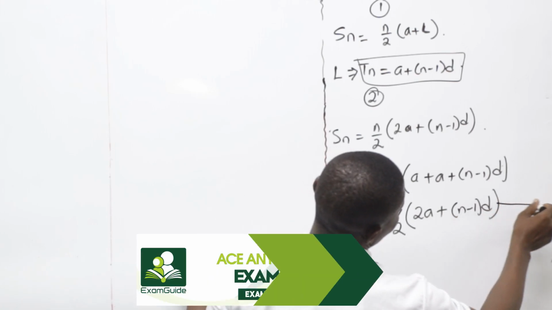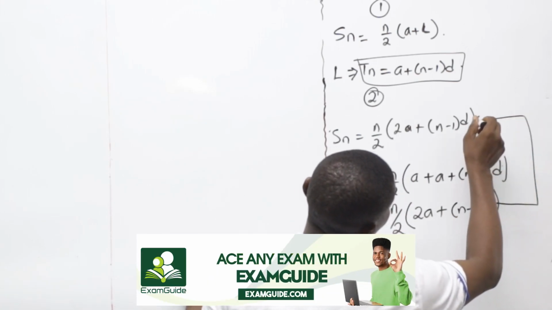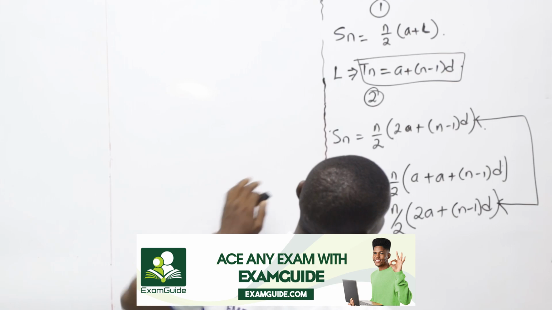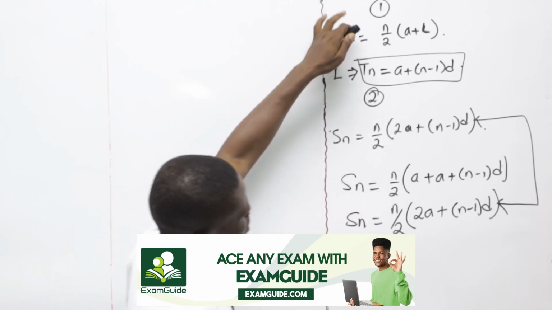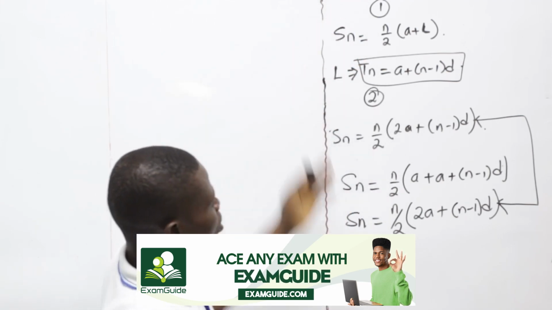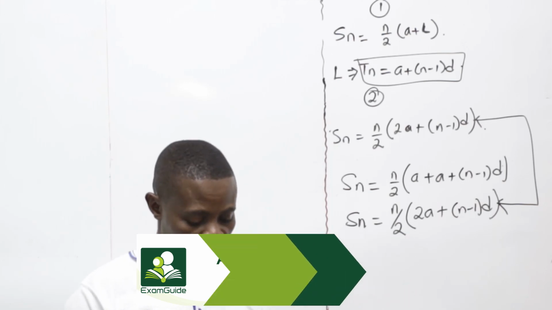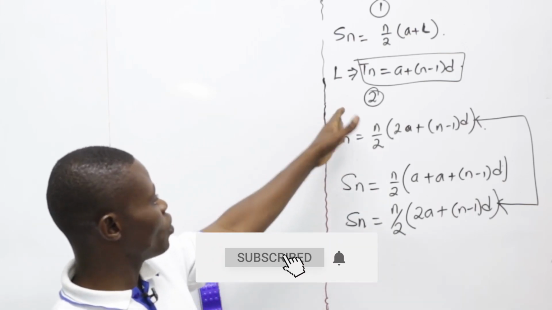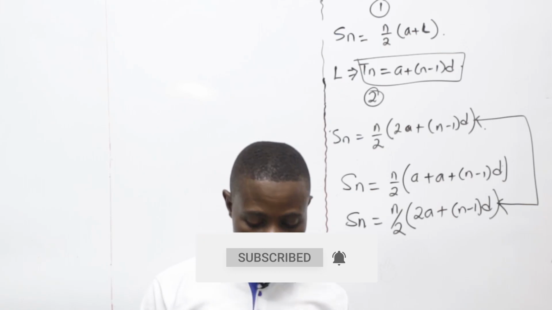You can see that this is equal to this, meaning this formula and this formula, they are the same. Now let's handle a question based on the sum of AP.